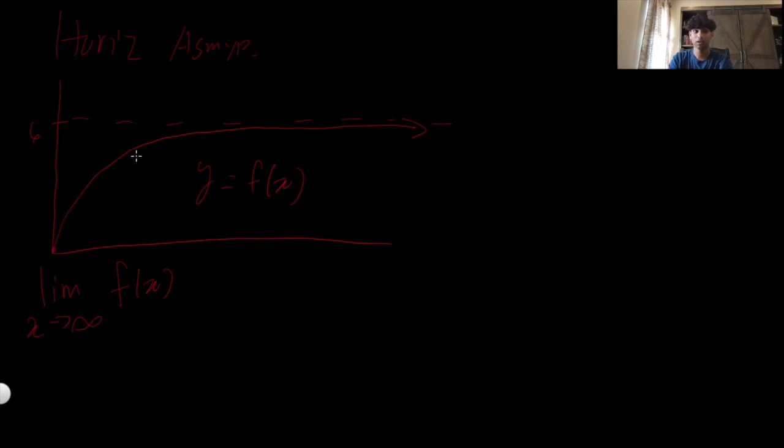Well, as our x value gets larger and larger and larger, you can see graphically that our function value is actually approaching 6. So that's all it is. What our value is approaching as our number gets larger and larger, right? Well, there you go.